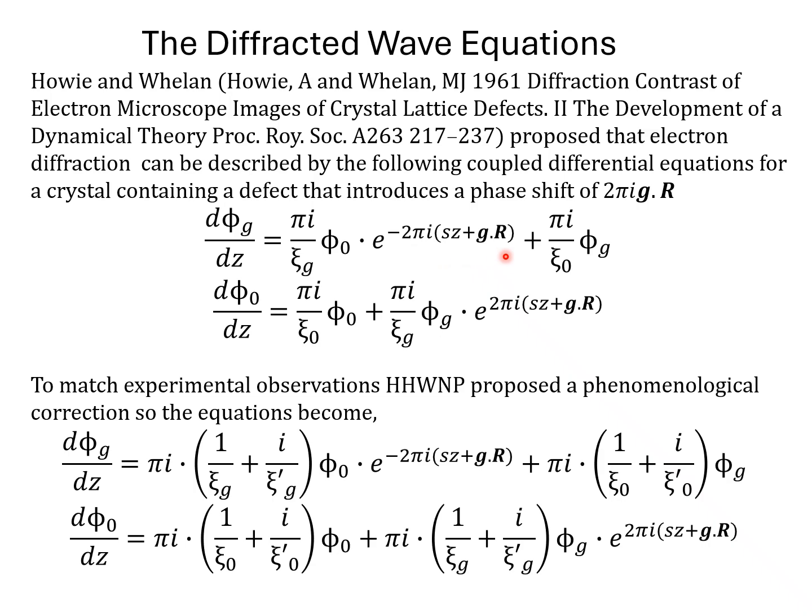G and R in this case are an additional phase shift caused by distortions in the crystal. It can either come from a stacking fault or a dislocation.